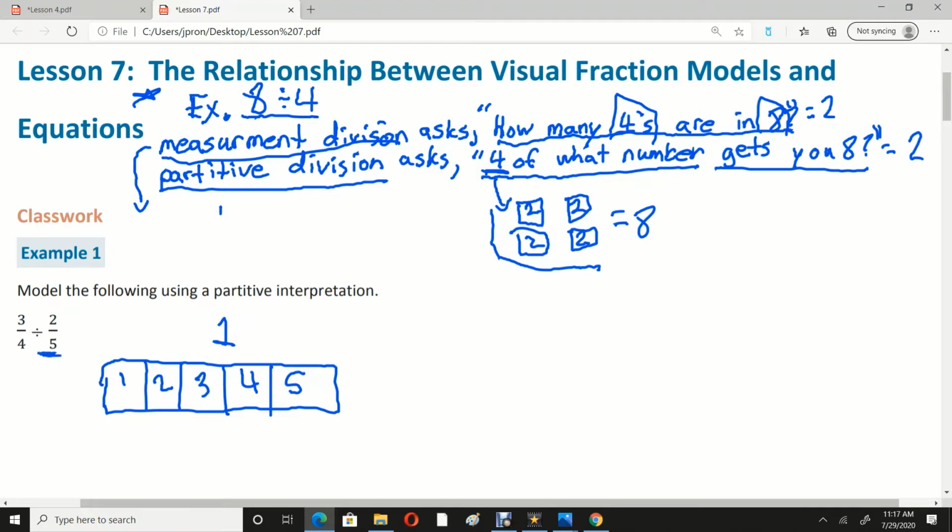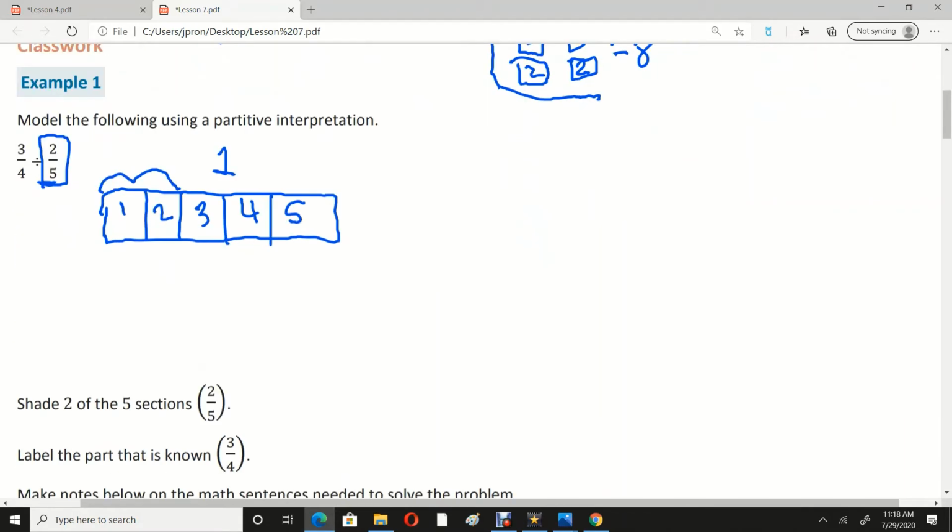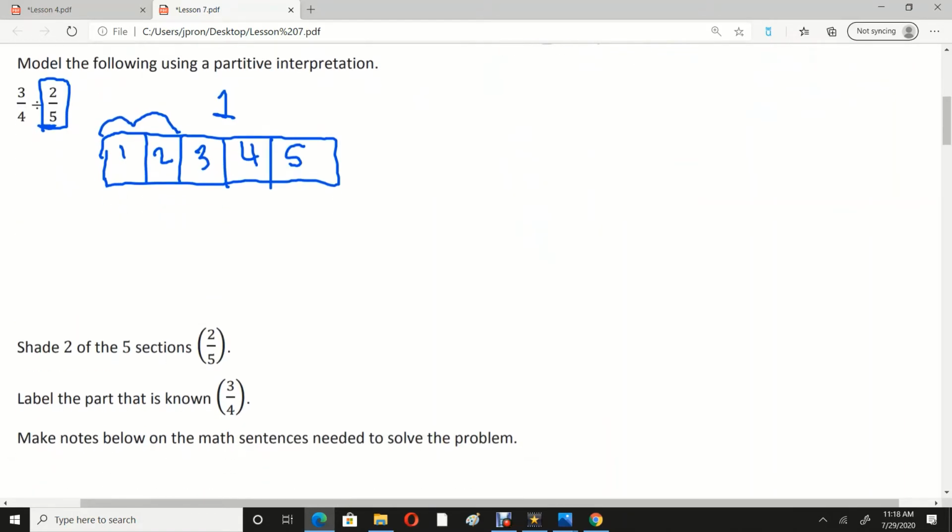And we want to model our divisor, which was 2/5, so we need 2 parts of this right here. And since they ask us to shade that part in, why don't we go ahead and do that? We'll shade in 2/5 of a section. Look at that. That's beautiful shading right there. Great. So that represents our divisor.